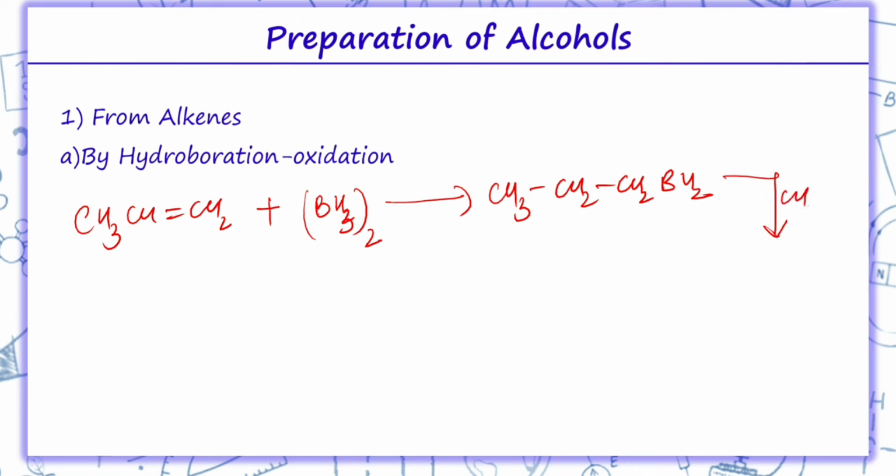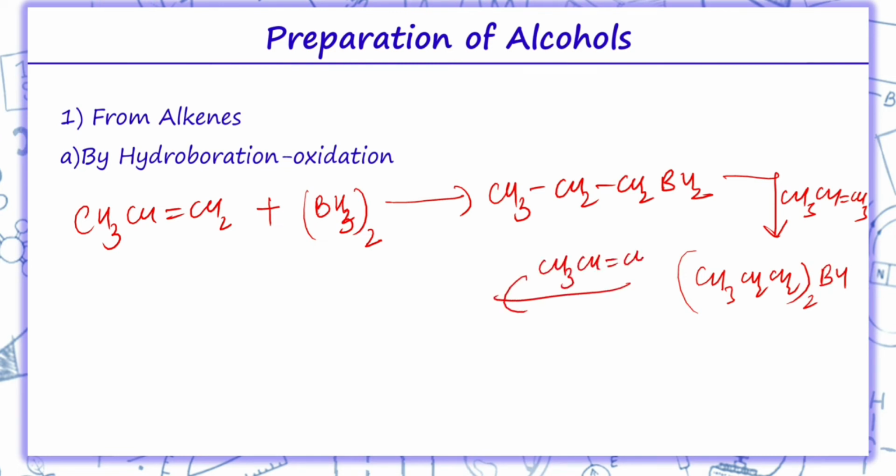Again it reacts with alkenes. This product reacts with alkene and it forms CH3 CH2 CH2 whole twice BH. Again it reacts with alkene, that is CH3 CH double bond CH2. Thus we will get trialkyl borane.